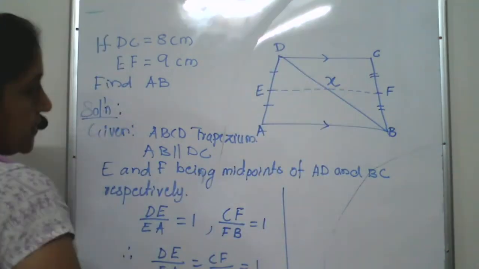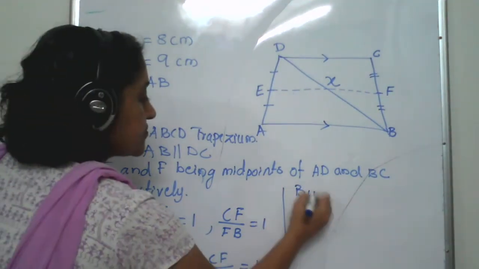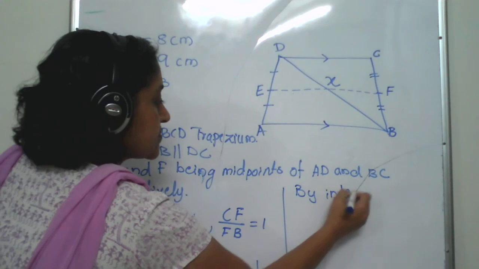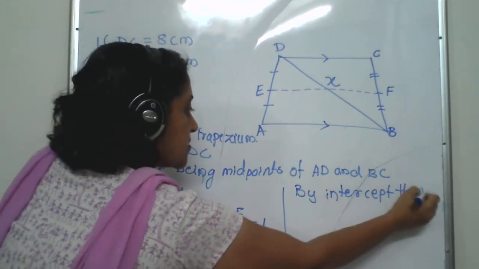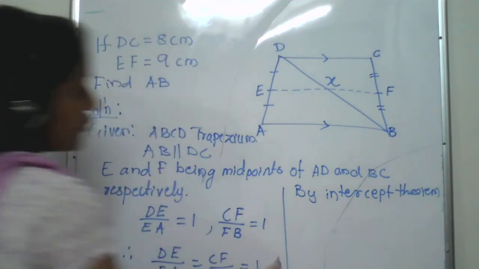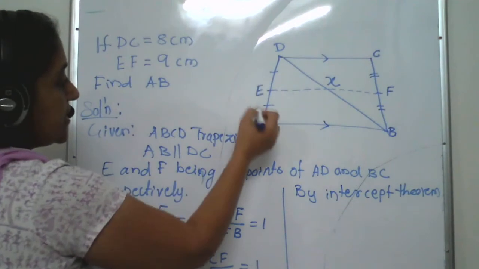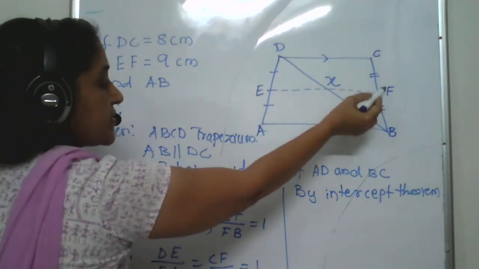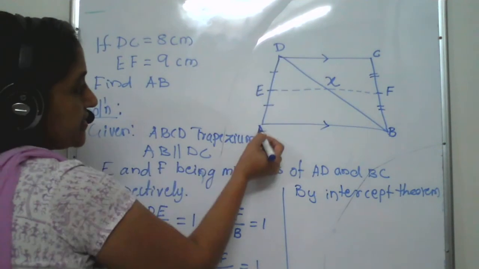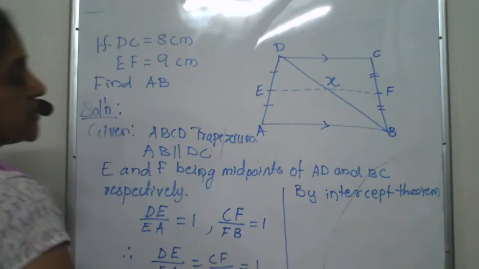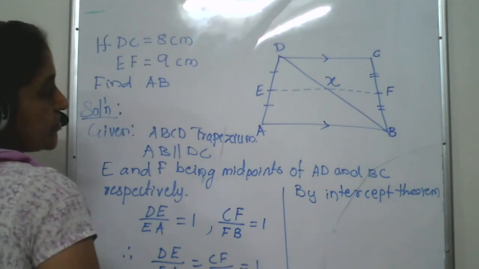Then if it is so, we know by the intercept theorem... what does the intercept theorem say? Now see, when I compared DE upon EA and CF upon FB, I considered DA and CB as two transversals, or the sides of the trapezium.